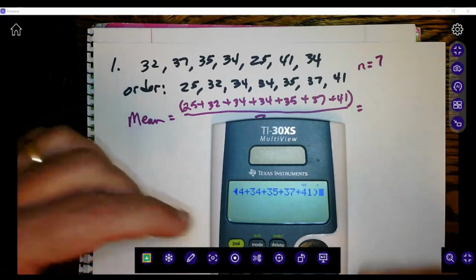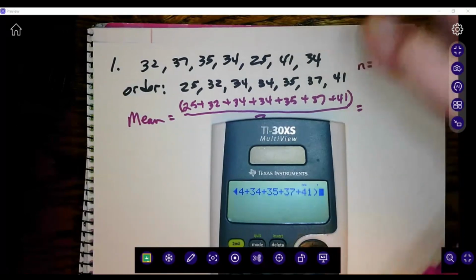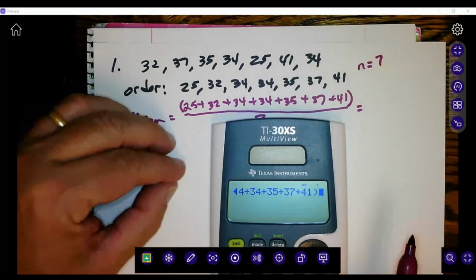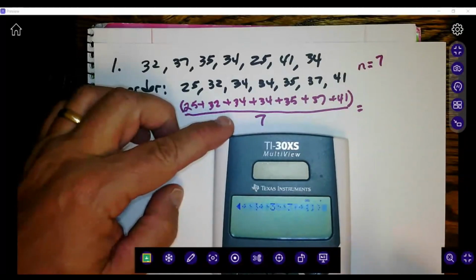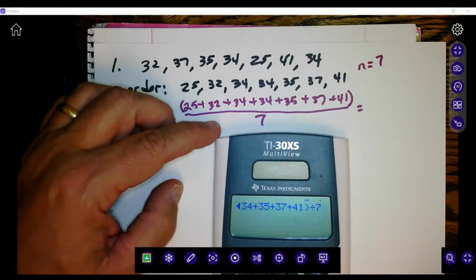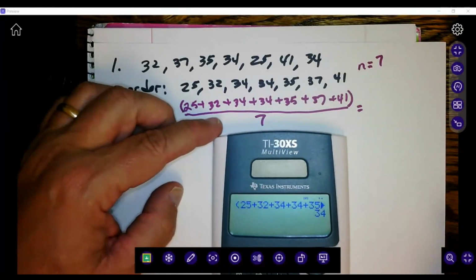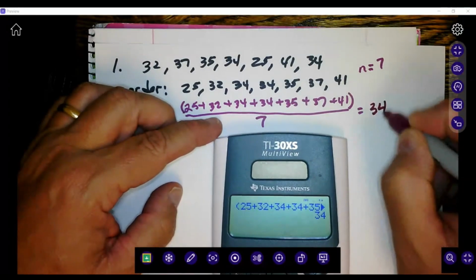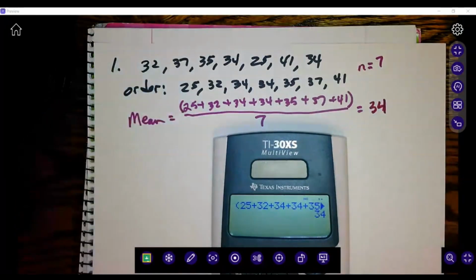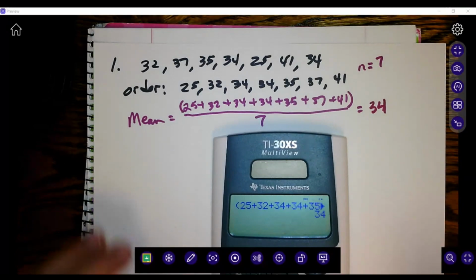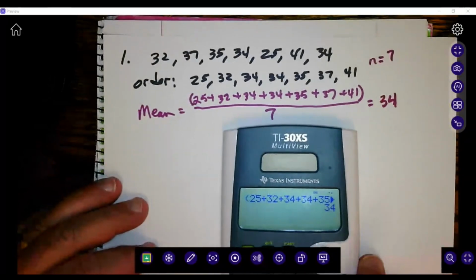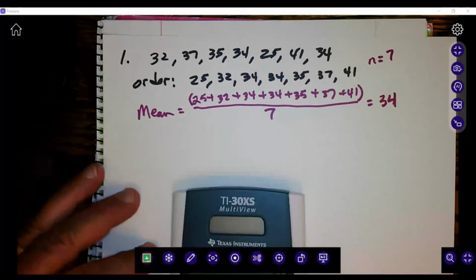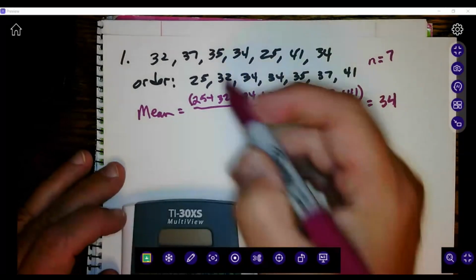So I've told the calculator, do all of that stuff first, and then divide by 7. And so when I hit enter, I get 34. So it took 25, 32, 34, 34, 35, 37, and 41. It added all that together, and then it divided it by 7 and gave us an answer of 34. So our mean for this data set is 34.